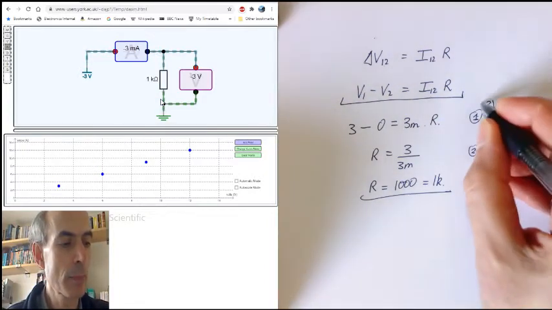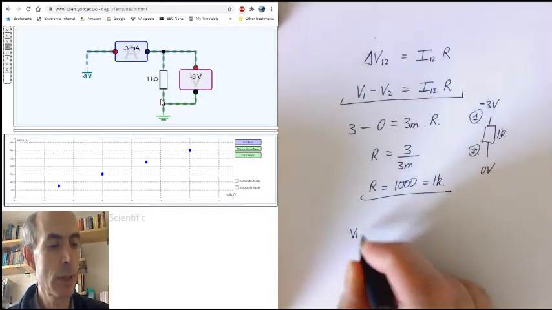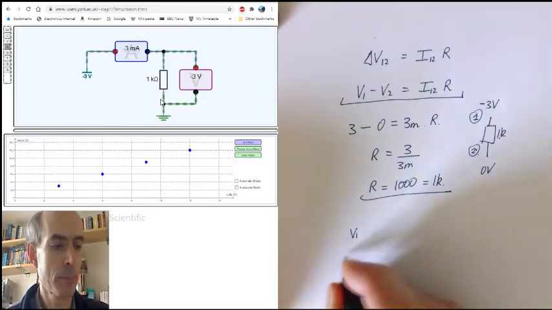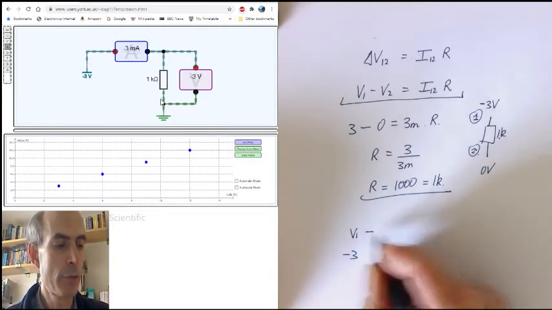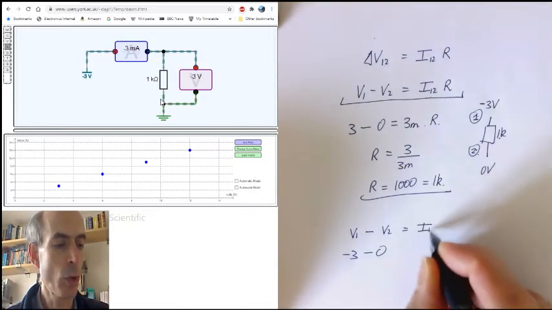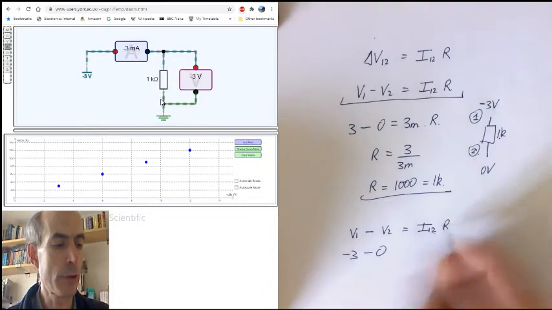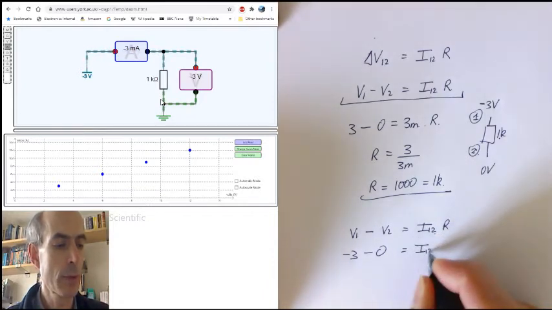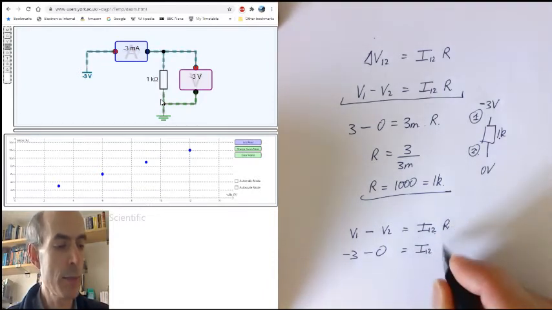This time, V1 is minus 3. V2 is still 0. I12 times R. The R is 1K.